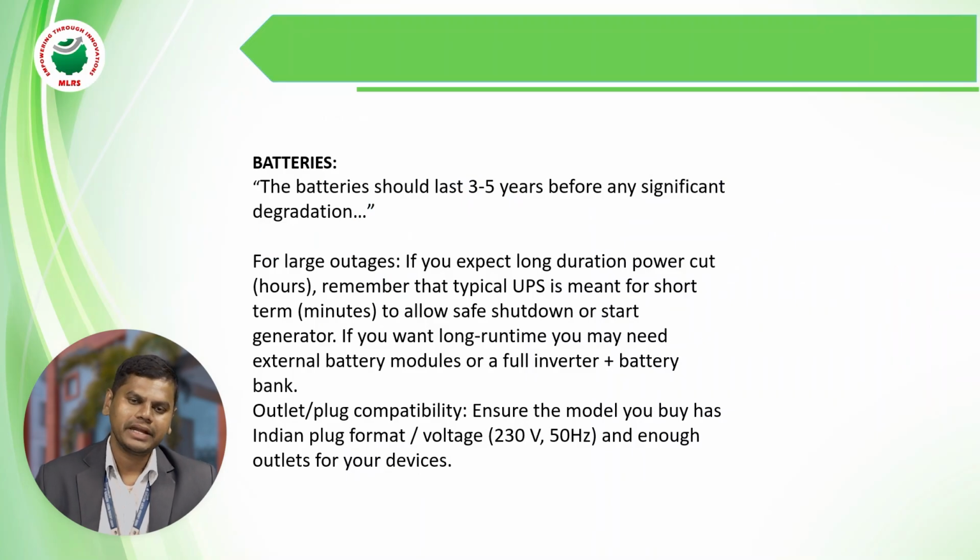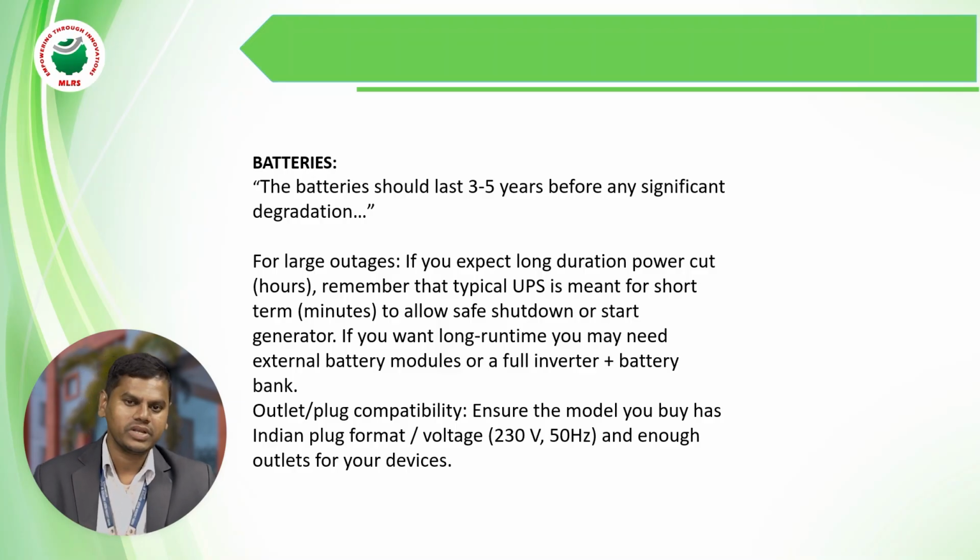Next, batteries. Basically, a battery is where chemical energy is converted into electrical energy. There are many types of batteries, but the battery should last 3 to 5 years before any significant degradation.